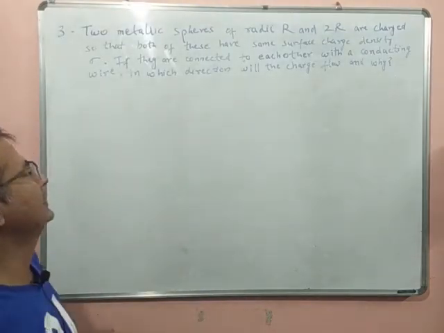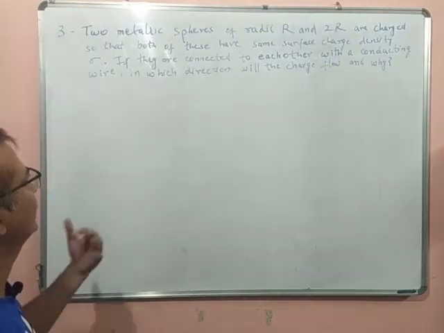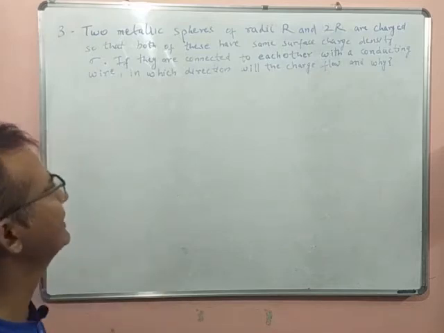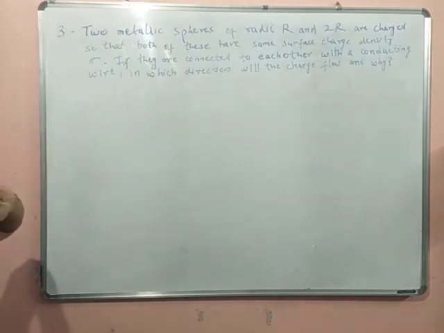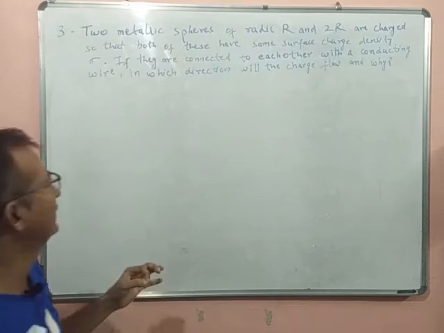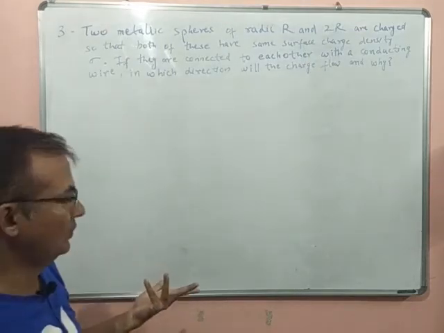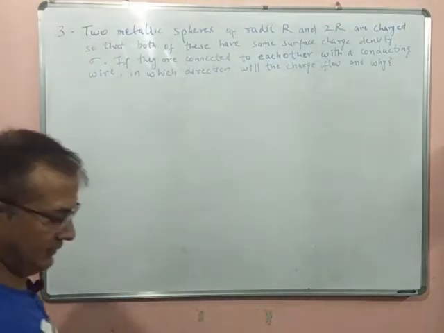Two metallic spheres of radius r and 2r are charged so that both of these have the same surface charge density sigma. So if they are now connected to each other with a conducting wire, in which direction will the charge flow and why? So there are two spheres.